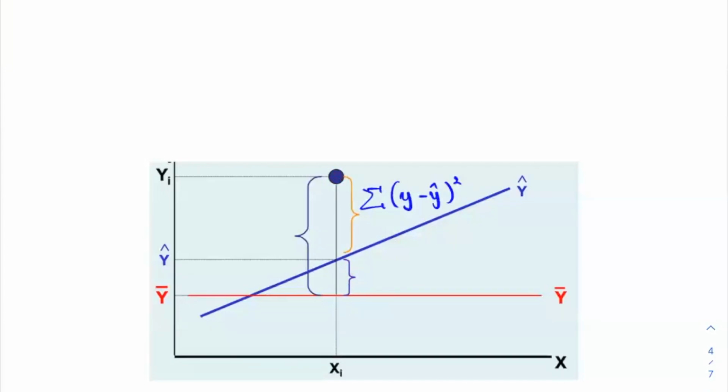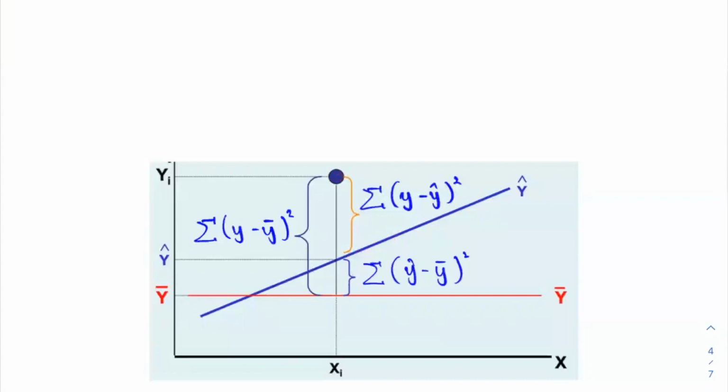This part is the sum of y hat minus y bar squared. Between this point and the mean is the sum of y minus y bar squared.